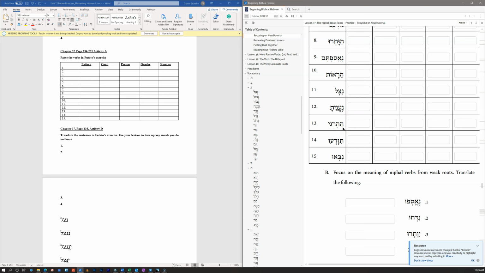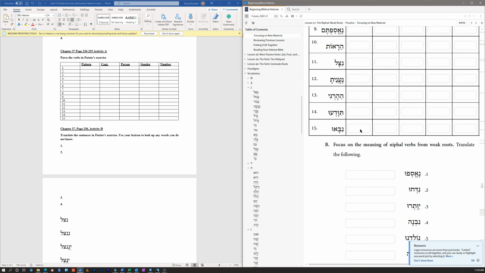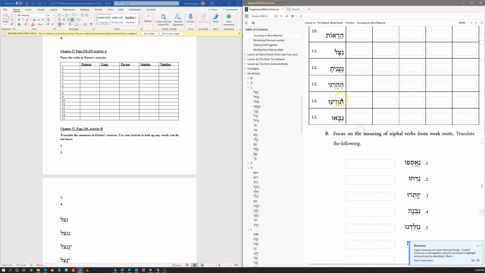It is a Niphal imperative. The Sere-Patach pattern tells you Niphal. It is a Niphal imperative 2fs. So that would be speaking to a woman and shouting at her, 'kill.' So there you go. That's happy. Anything else there? I think that's it.